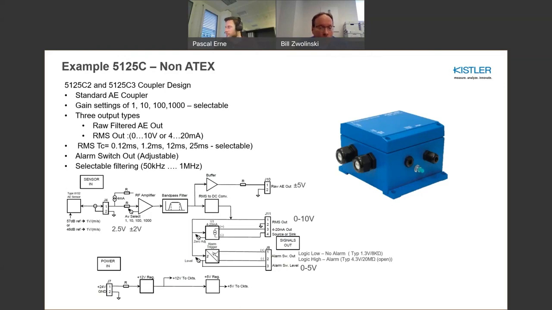But the actual raw AE output is very high frequency, so there's no traditional or conventional equipment that interfaces with such high frequency signals. You're going to need some high speed data acquisition if you're going to use the raw AE output, and I'm going to talk about that shortly. There's also internal bandpass filtering that you can plug in, comprised of second order filtering.